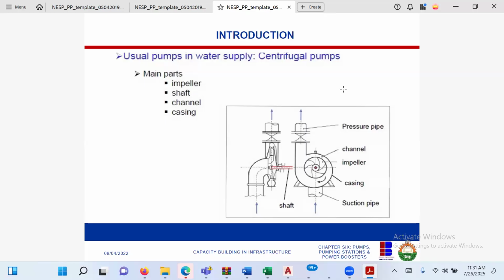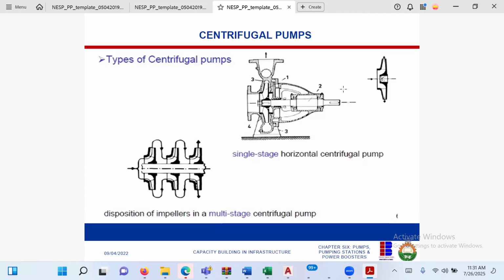Okay, now you look at the pump. So this is a typical centrifugal pump. Mechanical engineers know much about this. So the pump parts are the pillars, the shaft, the casing, and everything, just for you to understand how they work. It's more like take water and then with the centrifuge system push it to a higher pressure. Then these are other types of centrifugal pumps.